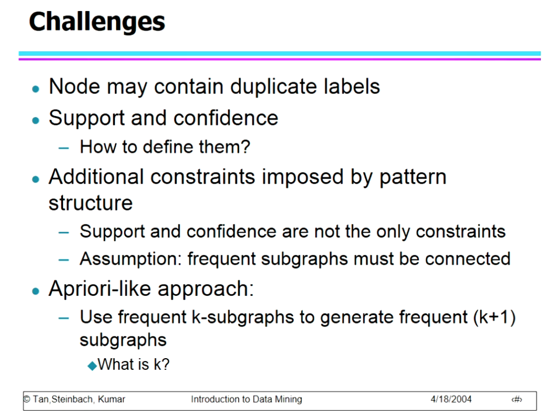Okay, so to do graph mining or frequent subgraph mining, there are many challenges. The first one, nodes may contain duplicate labels, and there is a problem of how we can define the support and the confidence.